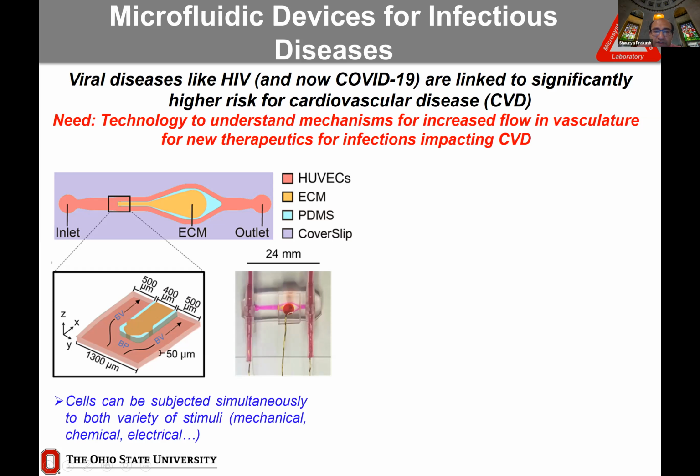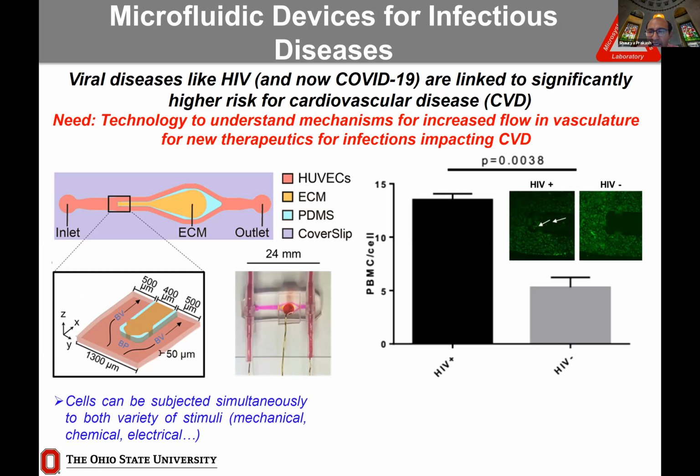What we found was the real advantage of this device is that, apart from capturing the geometry and the blood vessel tissue interface, we are also able to put in a variety of stimuli: mechanical through flow, chemical stimuli through various kinds of drugs or other antigens or infection agents, and then electrical stimuli should they be needed for therapeutic reasons.